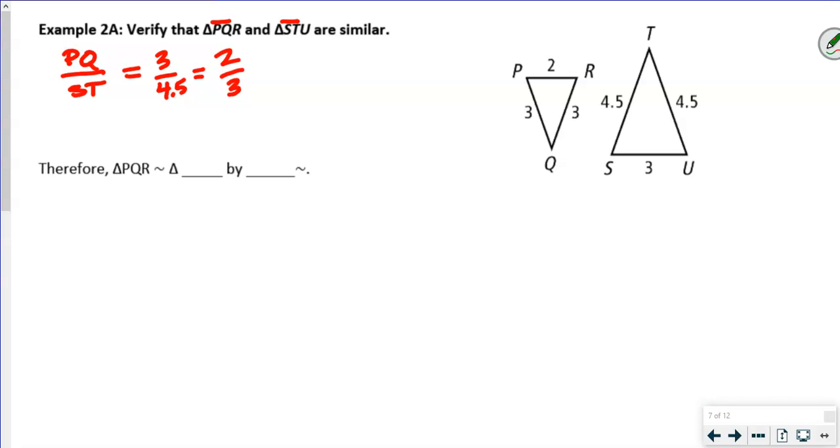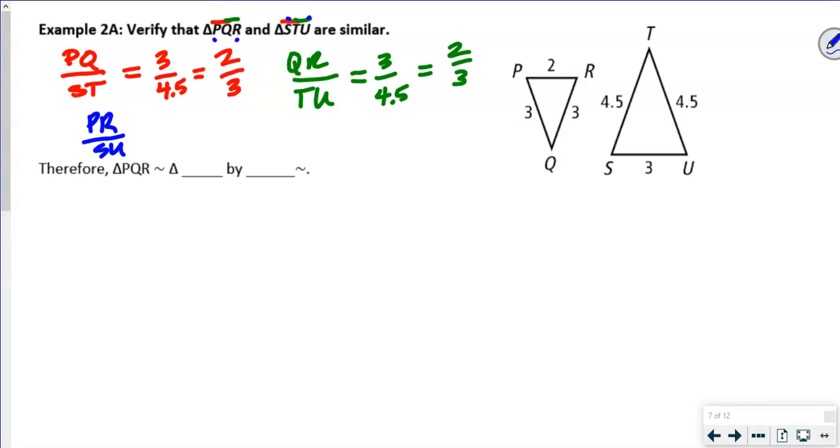So now let's go to the next side. So we're going to do QR and TU. QR over TU is equal to, what was QR? Looks like they are the same numbers, right? 3 over 4.5. So we know this also simplifies to be 2/3. Okay, so now we're checking our last side. So we're going to do PR over SU, right? SU.